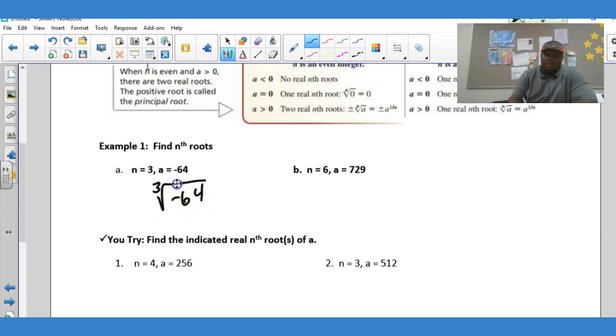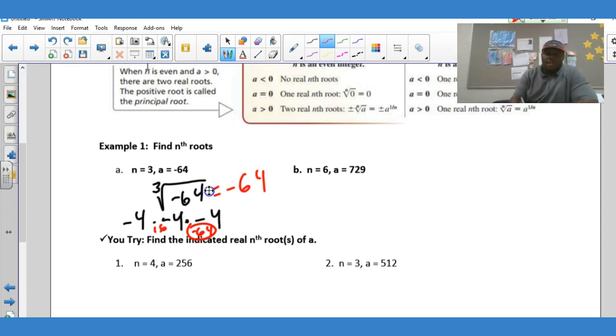So there's a number that was multiplied 3 times to get negative 64, and that is negative 4 times negative 4 times negative 4. See how negative 4 times negative 4 is positive 16, and 16 times negative 4 is negative 64. So the answer here is negative 4.